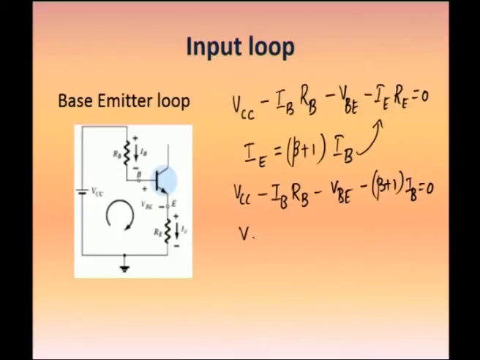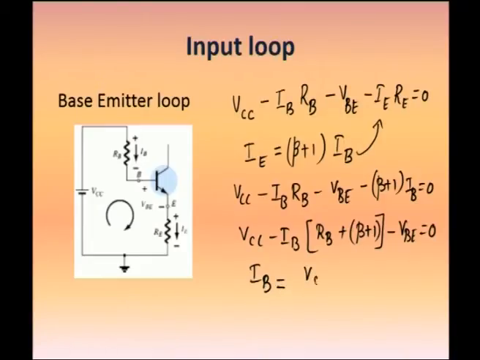So, when you take IB out, minus IB times RB plus beta plus 1 RE, minus VBE equal to 0. So, find out what IB is.